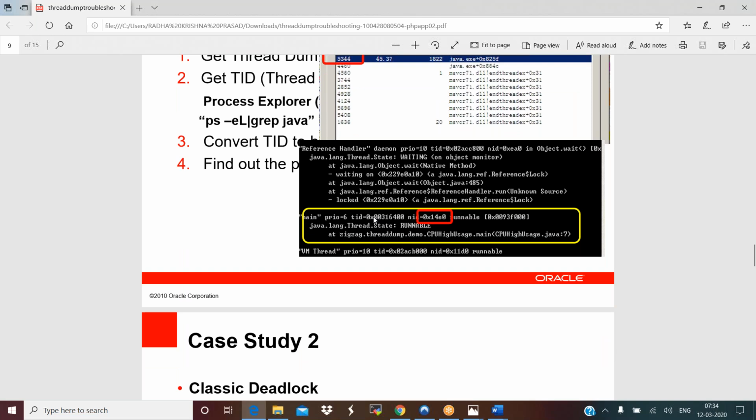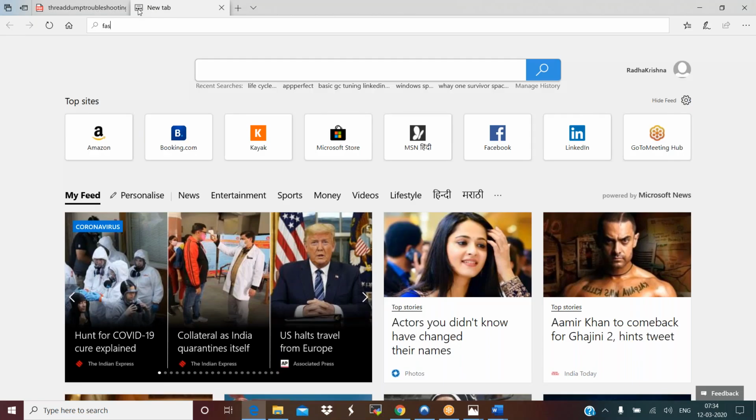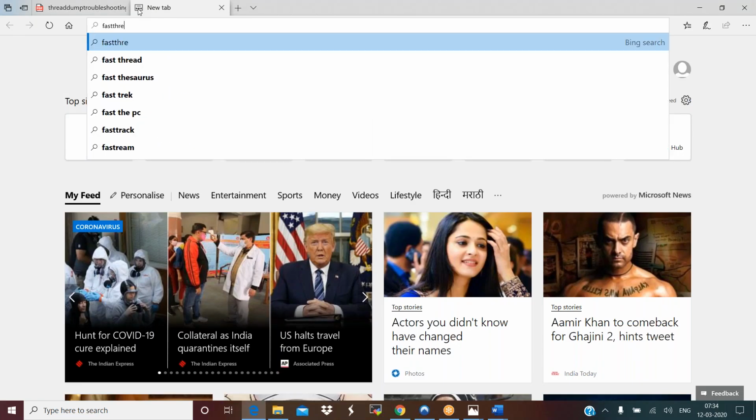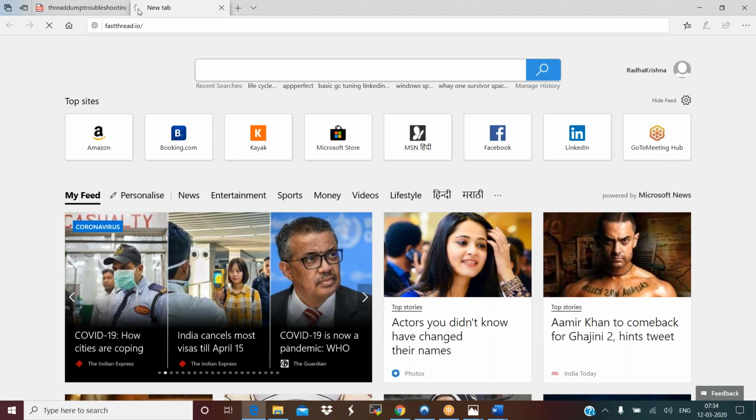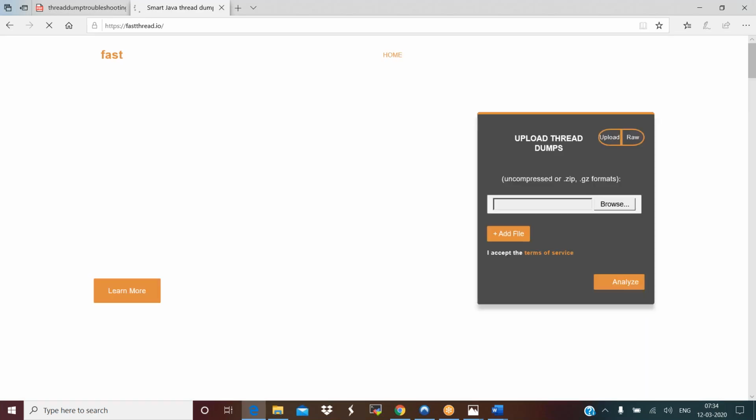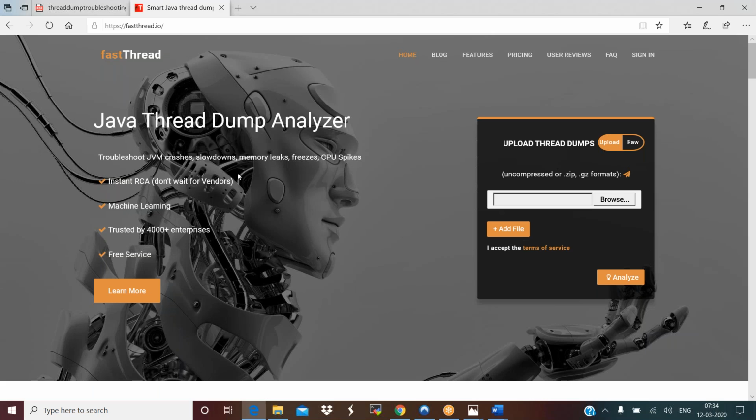I'll share you some sample thread dump. There is something called fastthread.io. You must be knowing that, right? I'll share you one sample thread dump.